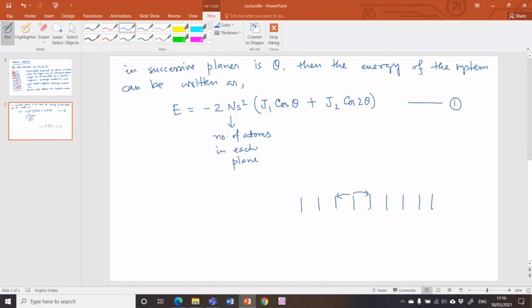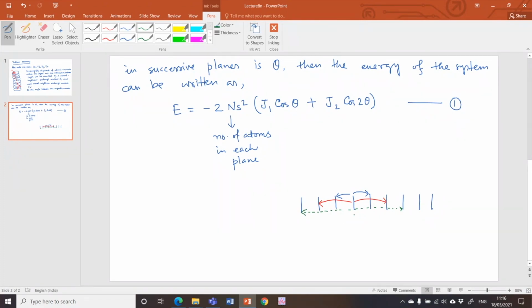If it has next nearest neighbor interaction, then it will interact with this and then with that. So compared to nearest neighbor, next nearest neighbor is already at a larger distance. If I want to have the next-next nearest neighbor, it will be somewhere like here and somewhere like there.